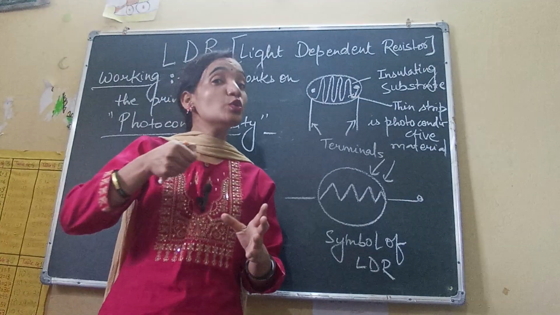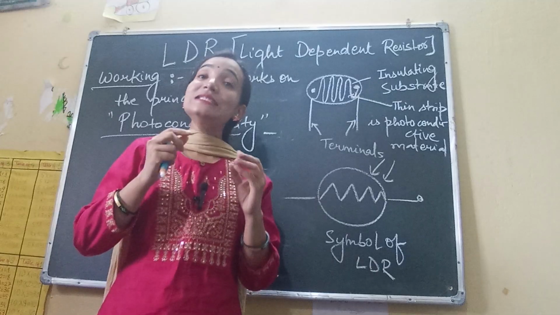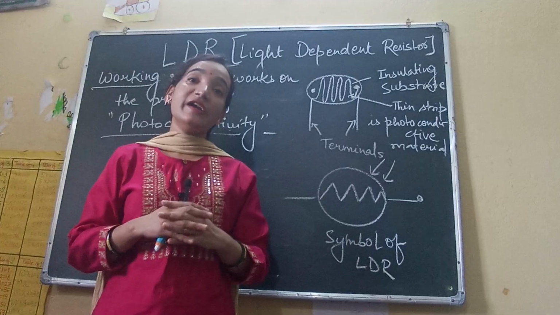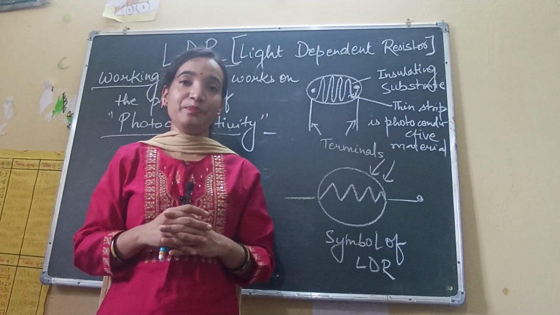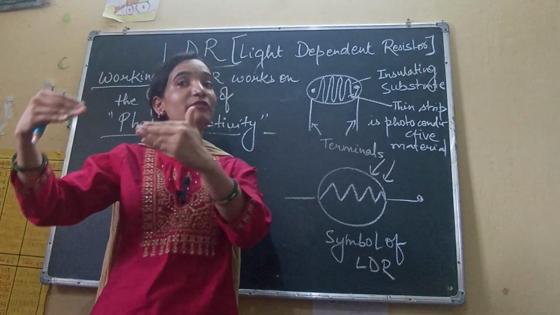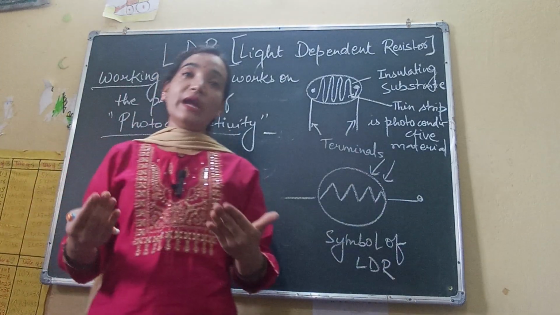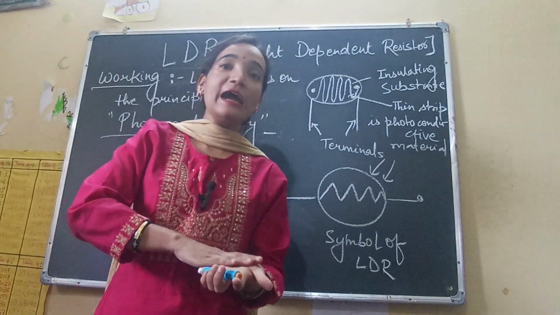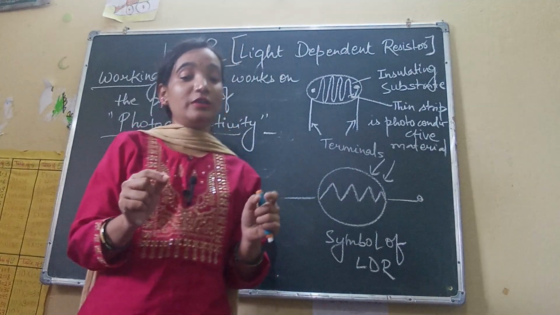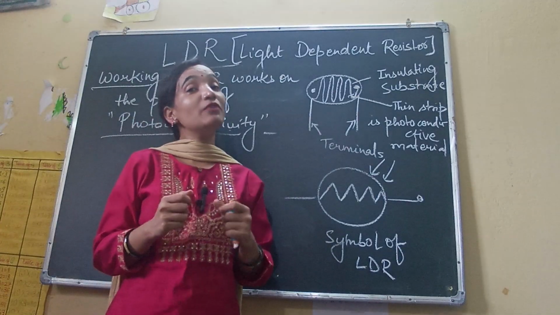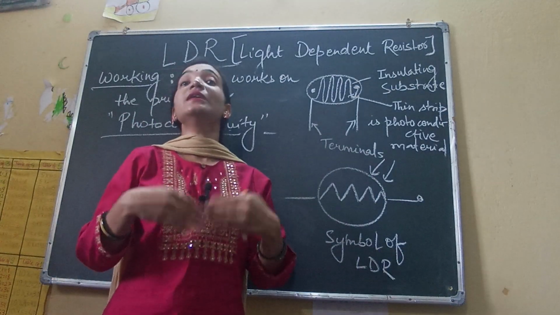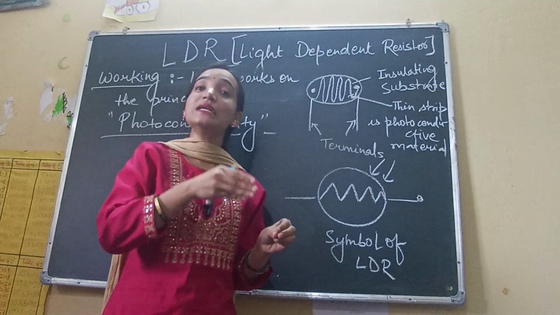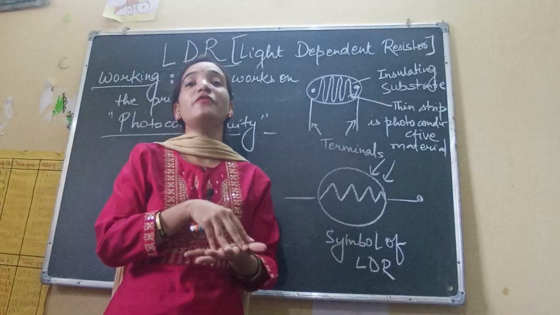When it is subjected to a flashlight, its resistance will decrease and come near the range of 100. And when we take the LDR to a dark room, or cover the LDR surface with a hand, and then measure its resistance, we will find that its resistance suddenly increases due to the lower intensity of light falling on the surface of the LDR.